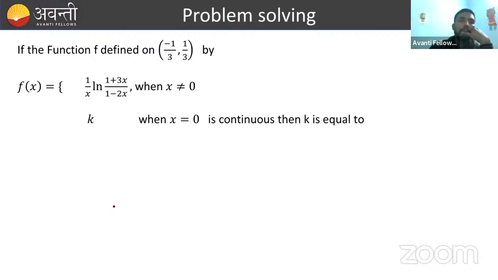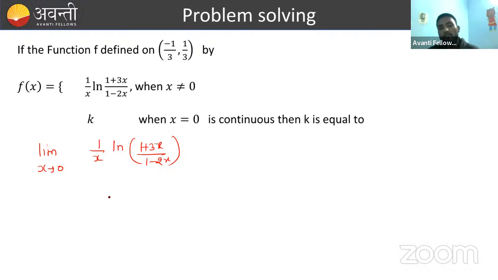Then what is the value of k? You know that if the function is continuous, then the limit exists. It means the limit exists means LHL is equal to RHL. So you just need to find the limit as x tends to 0 of 1 by x ln of (1 plus 3x) divided by (1 minus 2x). You have to find the limit of it.